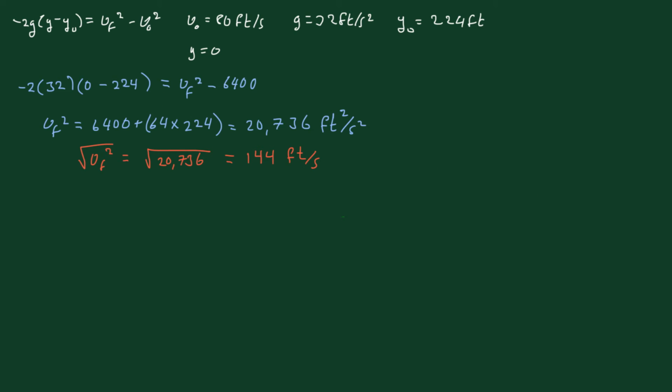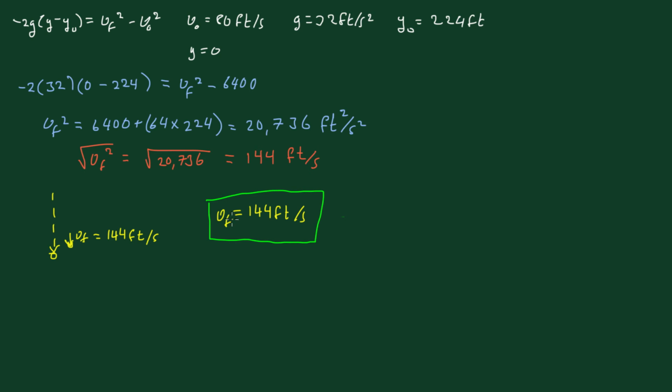So this tells us that right before the instant that the stone strikes the ground, it is traveling with a final velocity of 144 feet per second. So our solution for the problem is v sub f is equal to 144 feet per second.